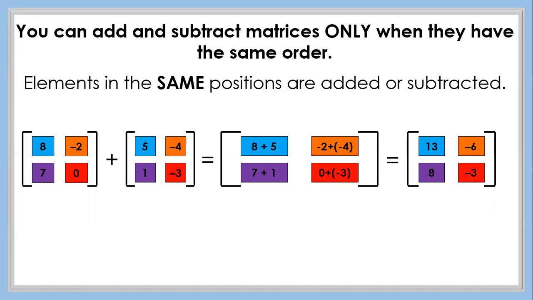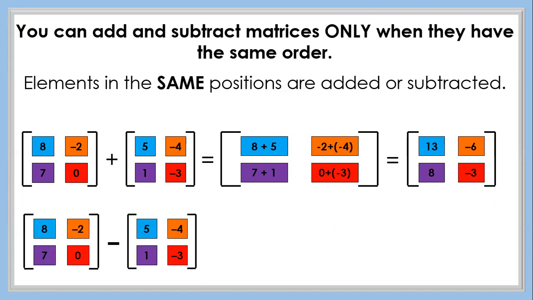Let us look at another example. In this example, I want you to pause the video at this time and attempt this question. You are fantastic. Let us see if our answers are the same.